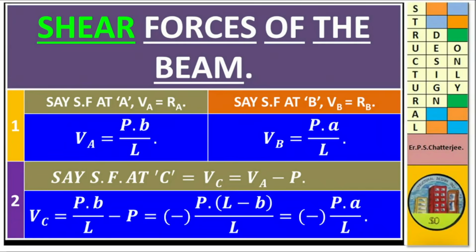Shear force of the beam. Say shear force at A is equal to VA is equal to RA, and shear force at B is equal to VB is equal to RB.